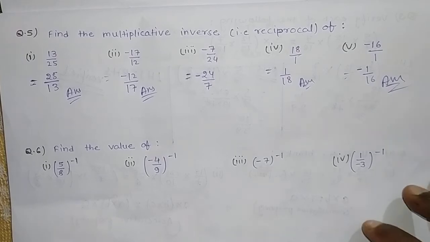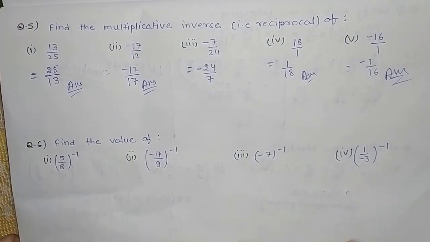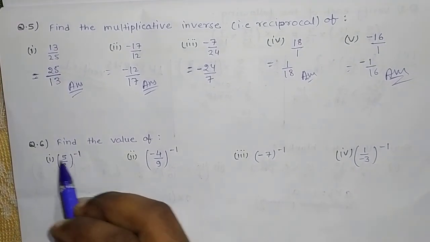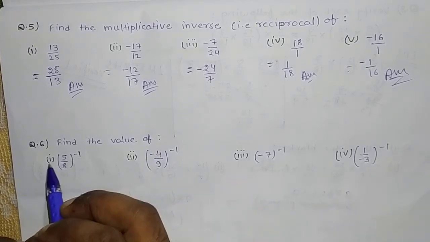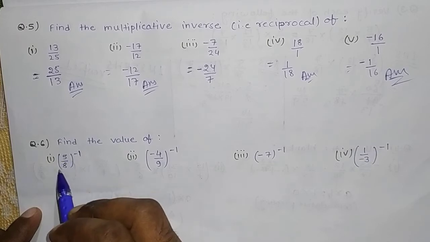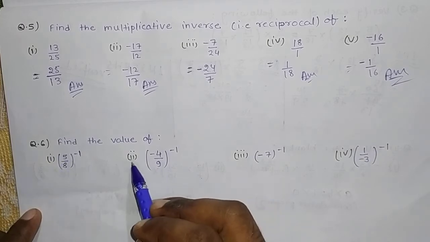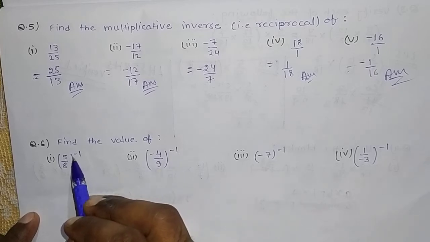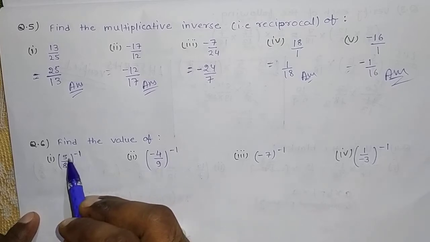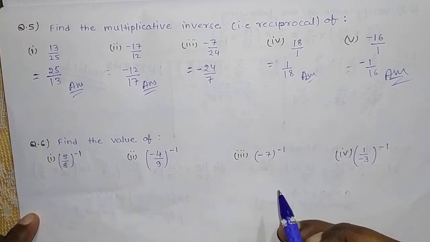It's very simple. Now the next question is question number 6. Find the value of these numbers which is given. First question, 5 by 8 to the power minus 1. Second question, minus 4 upon 9 to the power minus 1. So here the minus 1 power is raised to all the numbers.